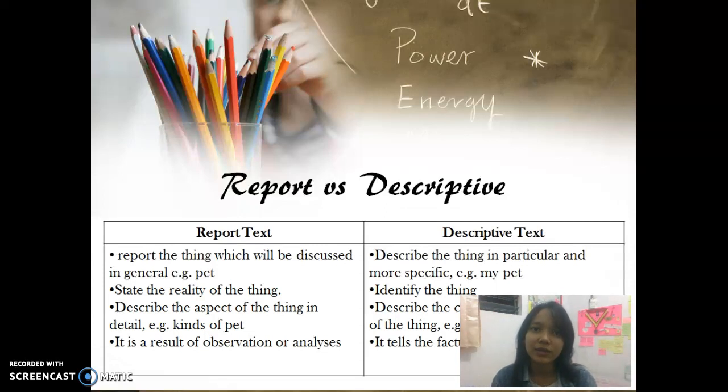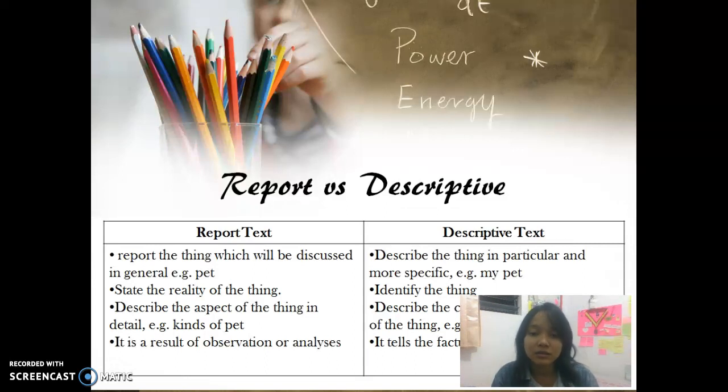Descriptive text usually uses adjectives to support the topic, for example, a wonderful place in China, or my cute dog, or any kinds of topic that you want to make in descriptive text.